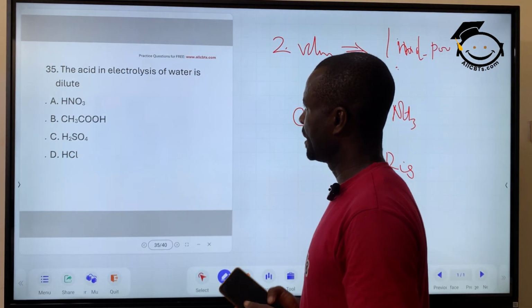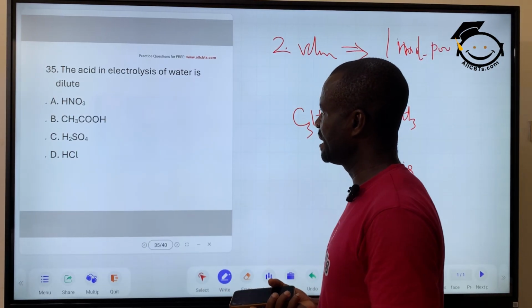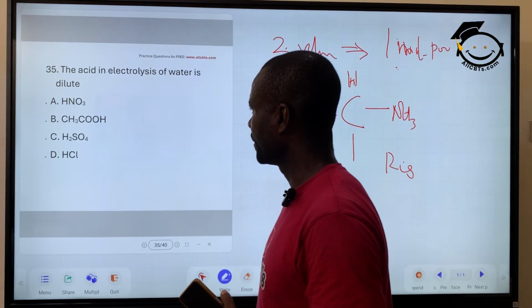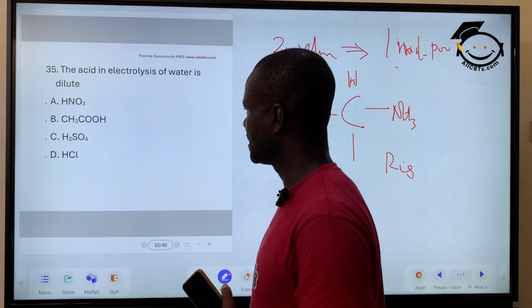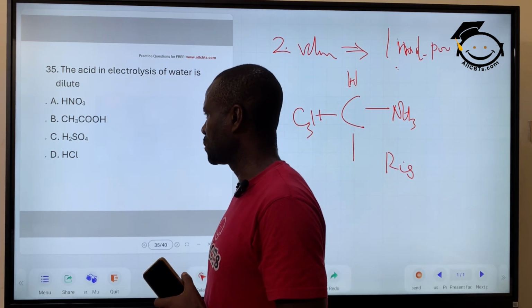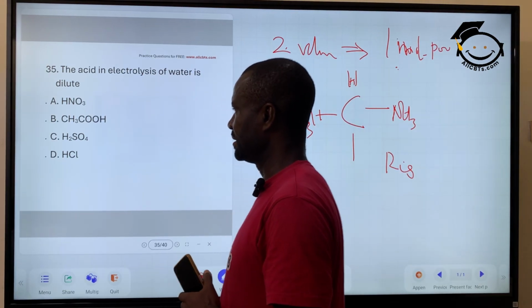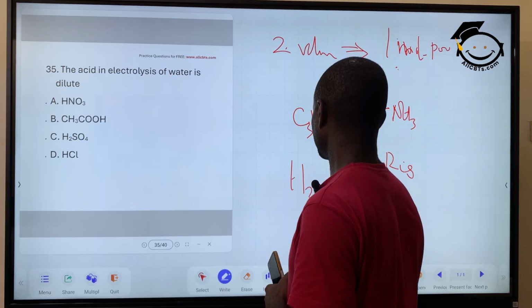Number 35. The acid used in electrolysis of water is A. Dilute HNO3, B. dilute ethanoic acid CH3COOH, C. dilute H2SO4, and D. dilute HCl. The correct answer is C, dilute H2SO4.